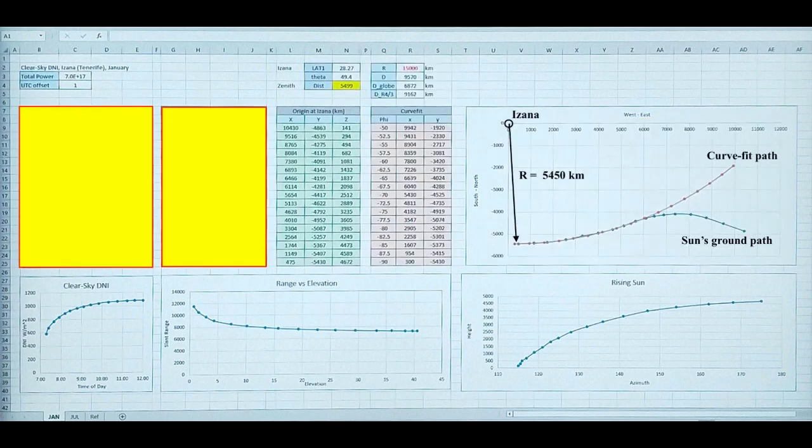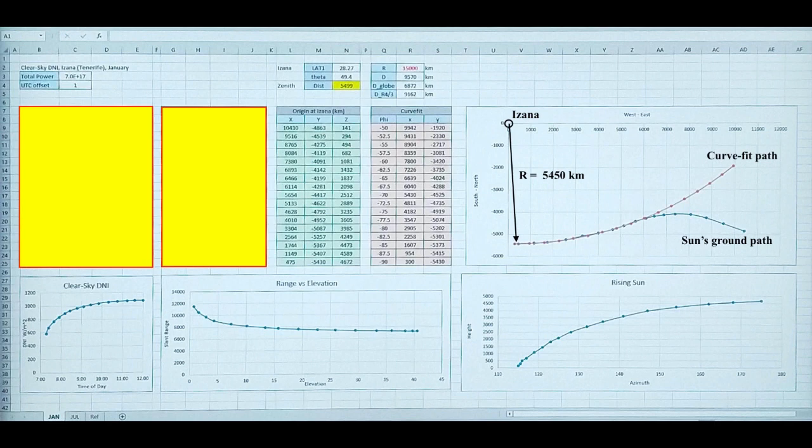I uncovered the chart on the right, the big one, and notice the greenish-bluish curve, that's the data, and then I put a curve fit on it, and that's the actual path of the sun measured with this technique. It's very interesting that initially it appears the sun is coming from far away and then rapidly adjusts to this curve, and that's due to refraction and attenuation in the atmosphere.